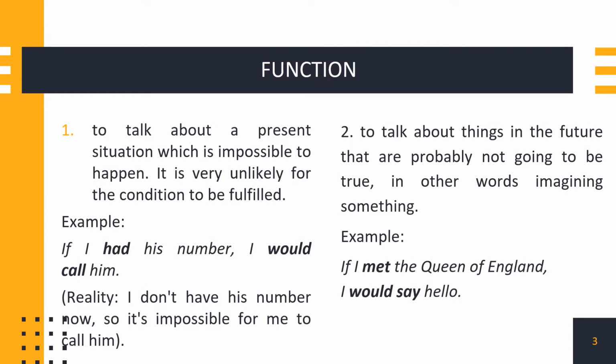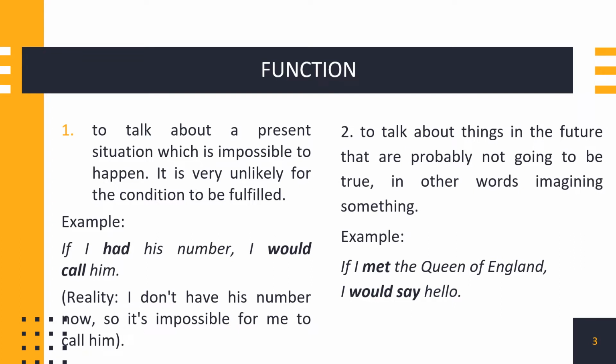Well, let's talk about the function. The function of second conditional sentence first is to talk about a present situation which is impossible to happen. It is very unlikely for the condition to be fulfilled.